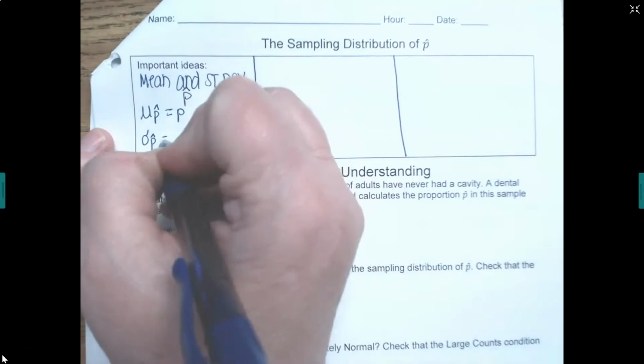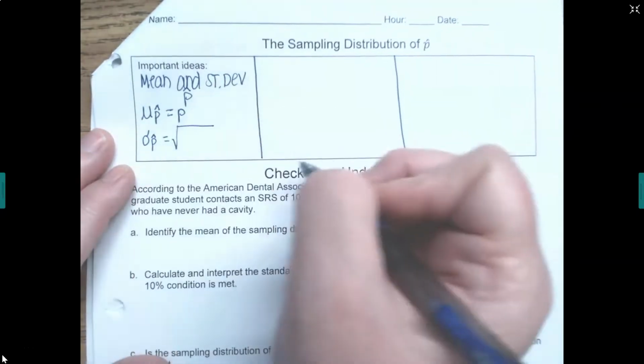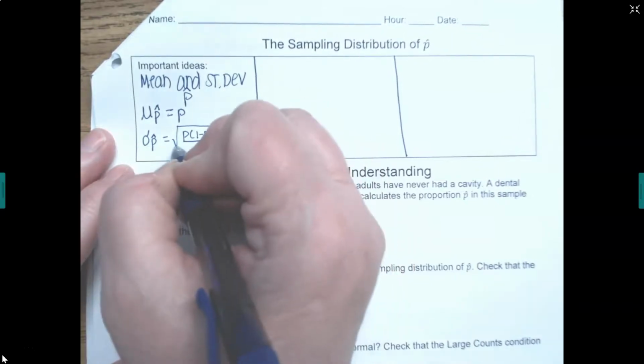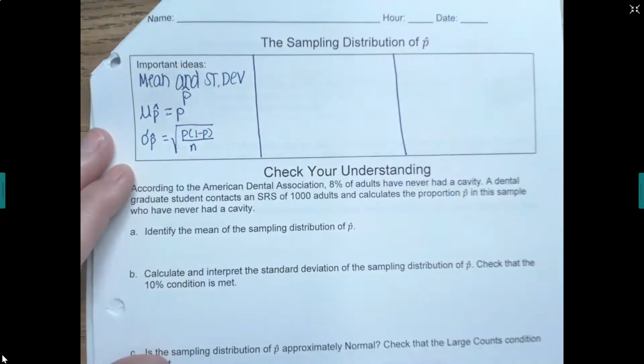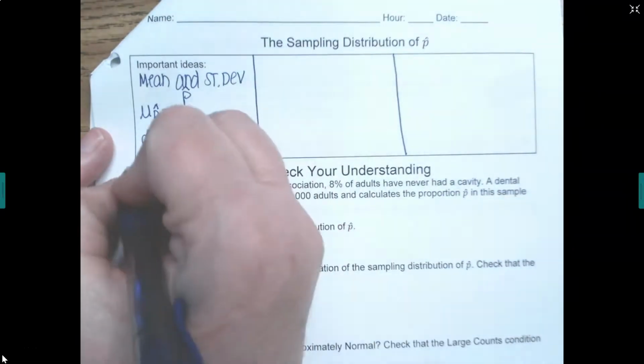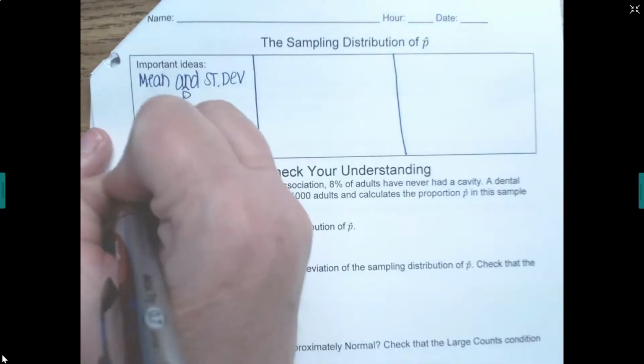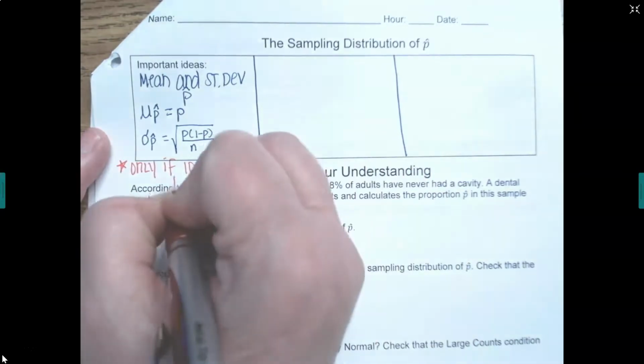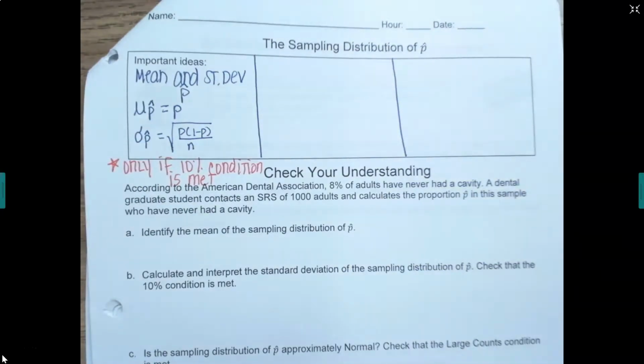And to find the standard deviation of p hat, you're going to take the square root of p times 1 minus p, success times failure, divided by the sample size. You can only do this, I'm going to put this in red because I want to make sure you remember that, only if the 10% condition is met. These are assuming normality, so that's why you have to make sure that that is done.